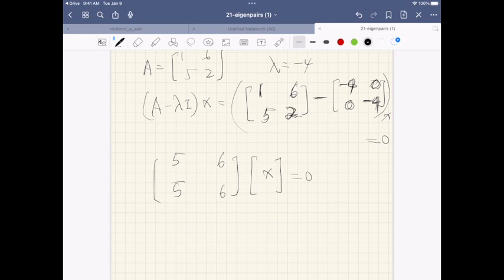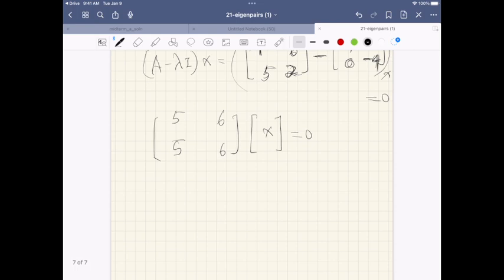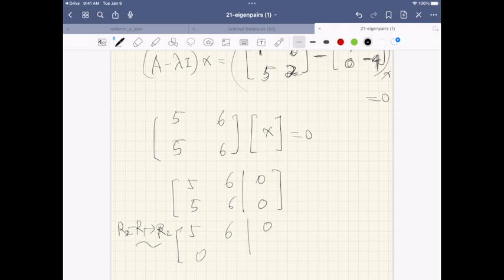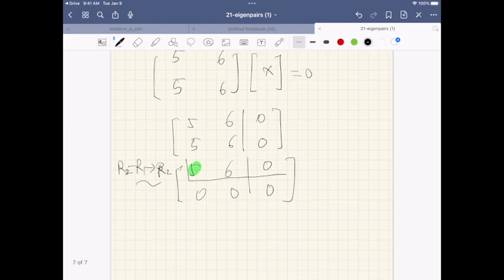To solve this, we can look at its augmented matrix, which can be reduced as R2 minus R1 goes to R2, which replaces R2 with just 0, 0, 0. The only pivot is the first one, and there is only one non-zero row. That means x1 is a basic variable and x2 is a free variable.